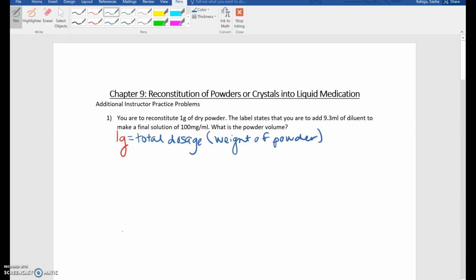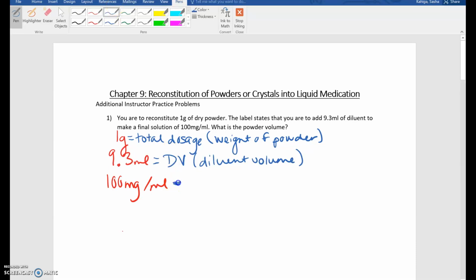That's how much the powder weighs. All right. The next number that we are going to pull out is this 9.3 milliliters. That 9.3 milliliters in detail is your DV. Your DV is your diluent volume. The next number we're going to pull out is 100 milligrams per milliliter.